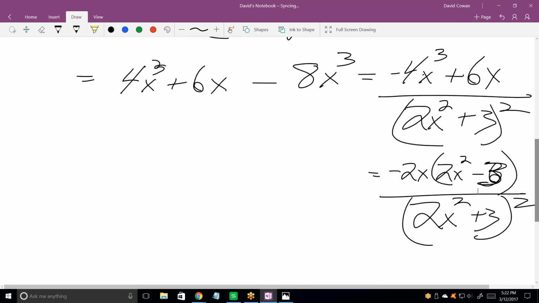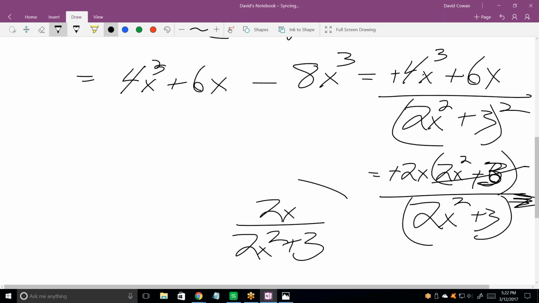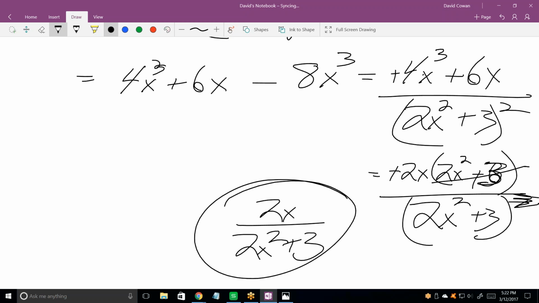If that was only a plus 4, we'd be in business. Notice if that was a plus 4, then I've got that, and now I cancel that and one of those, and I end up with 2x over 2x squared plus 3. A nice simpler answer. They teased us.